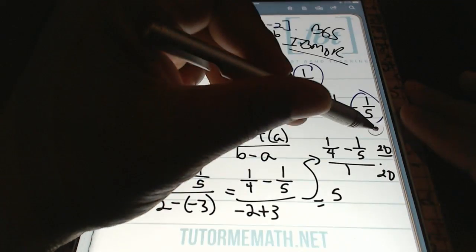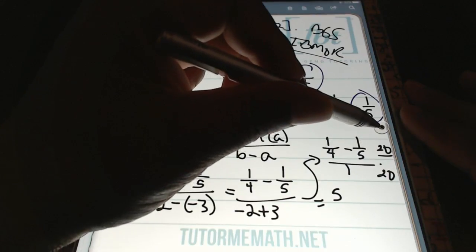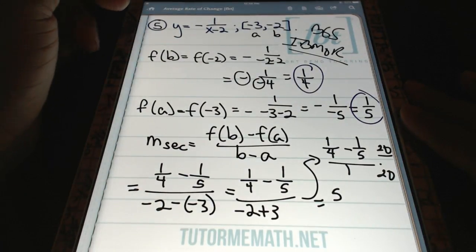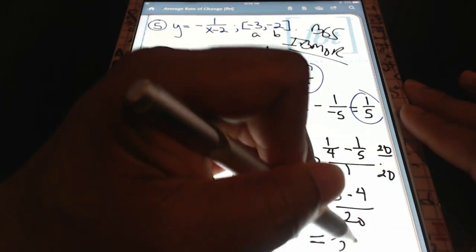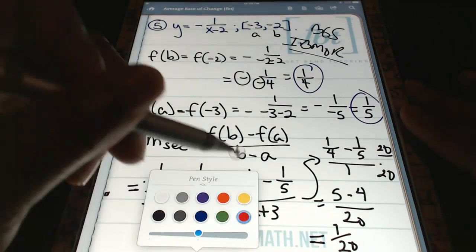That gives you a result of 5. Then multiplying negative 1/5 times 20 is similar to dividing 20 by 5, so you'll end up with a negative 4. And 1 times 20 is just 20, of course. So when you simplify this, 5 minus 4 is 1, and then the 20 in the denominator remains, so you end up with a result of 1/20.